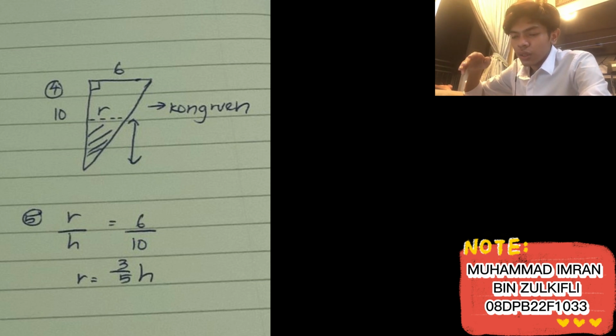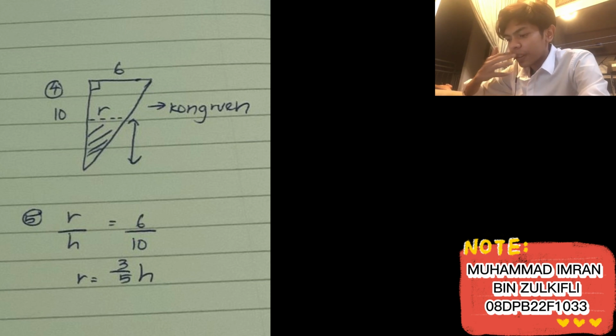I use this because I need to determine how fast the quantity is changing using the second quantity. So we get the equation r equals 3 over 5 h, since 6 over 2 is 3 and 10 over 2 is 5. And the answer is r equals 3 over 5 h.